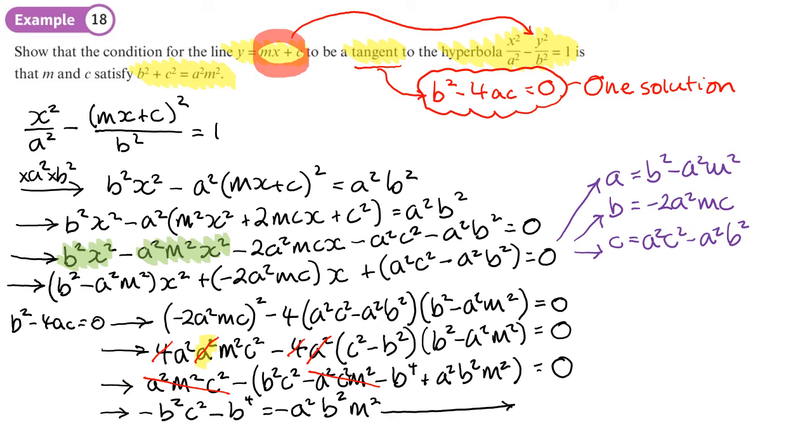So actually, if I now divide both sides by negative b squared, then what I will have left will be b squared, that's from the second term on the left, plus c squared equals, on the right hand side, remember, divided by negative b squared, so it then becomes a squared m squared, and we've proved it as required.